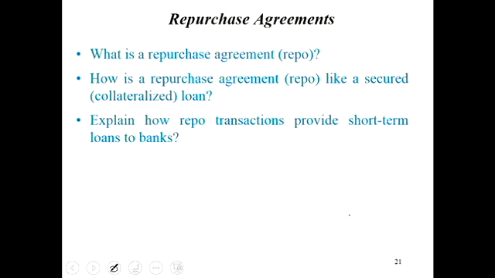Typically, the repo market deals in very low risk securities, but let's say it has some government T-bills. There'll be a sale to Bank B, and Bank B will now own them. So the government T-bills are going over here, and the cash has come back this way.